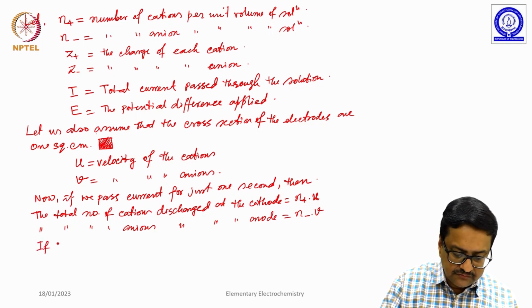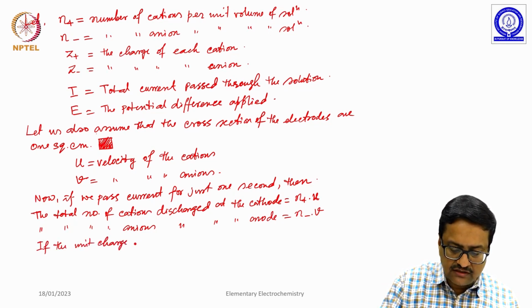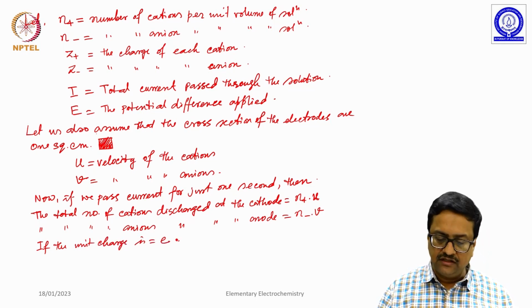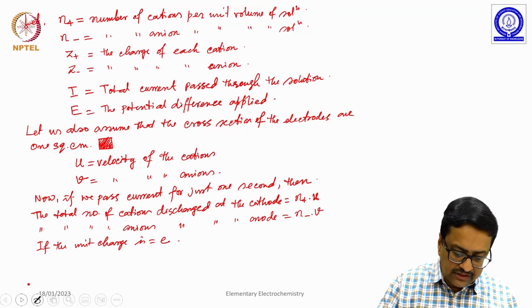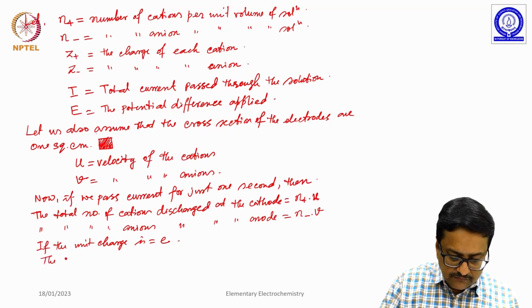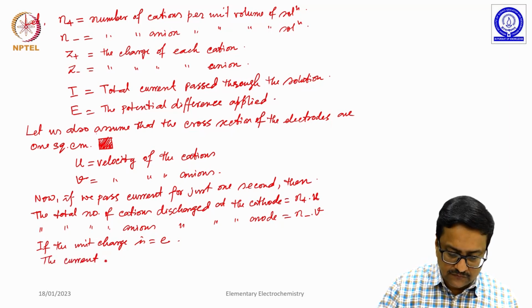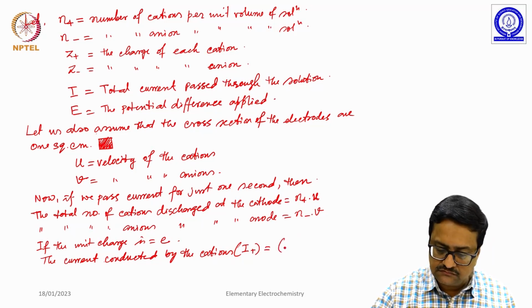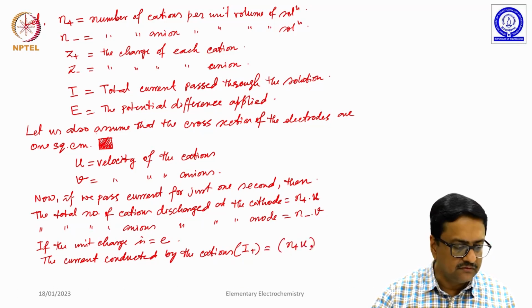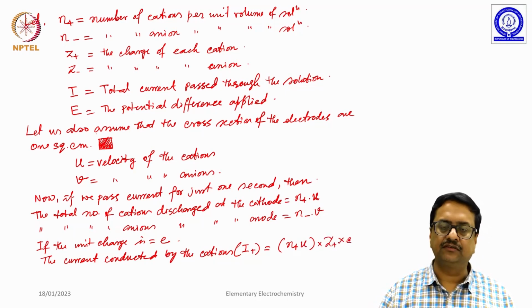Now, if the unit charge is equal to E, that is, each cation is carrying a charge E, then the current conducted by the cations, that is I plus, is equal to n plus u into Z plus into the charge of electron.